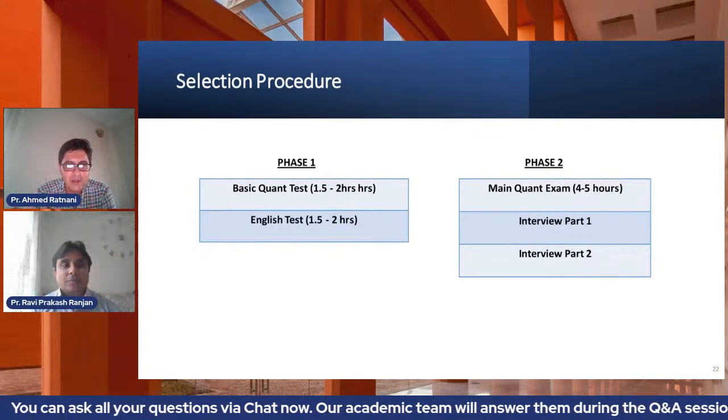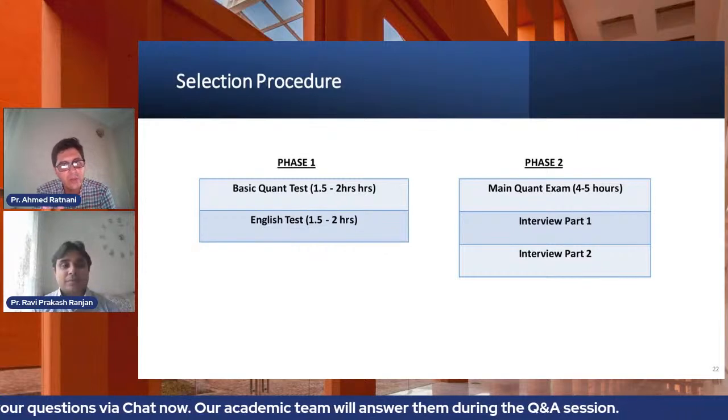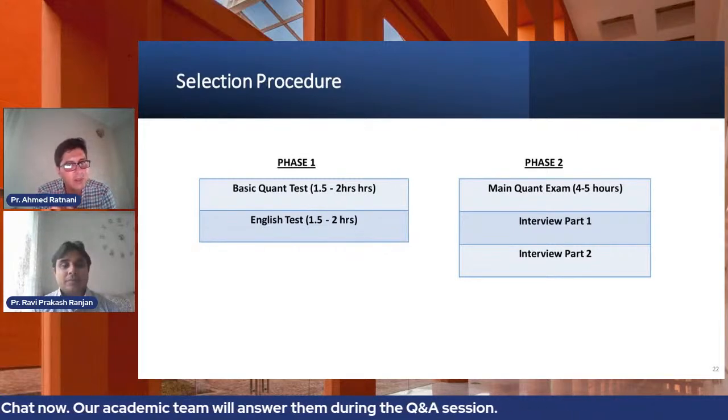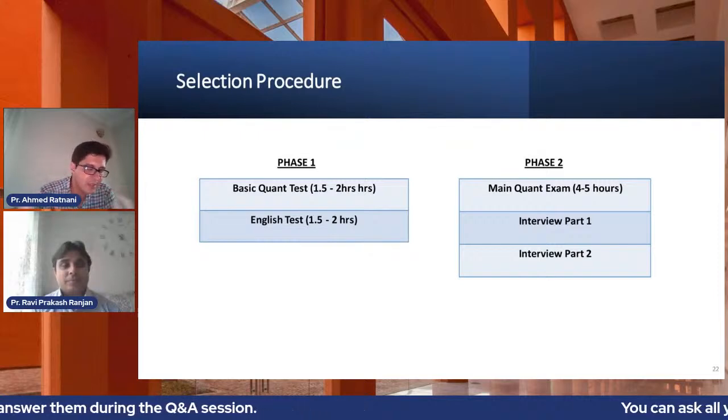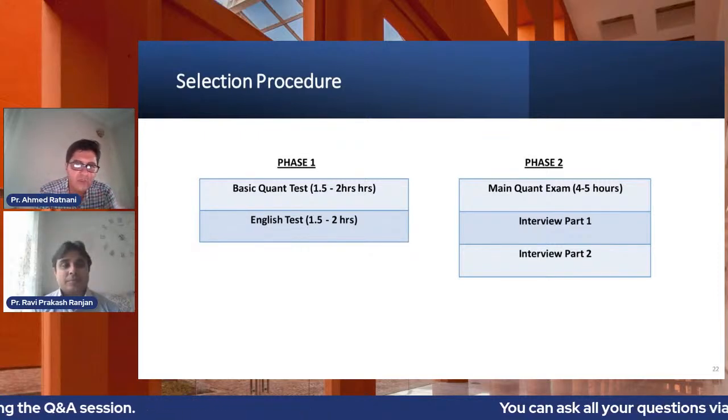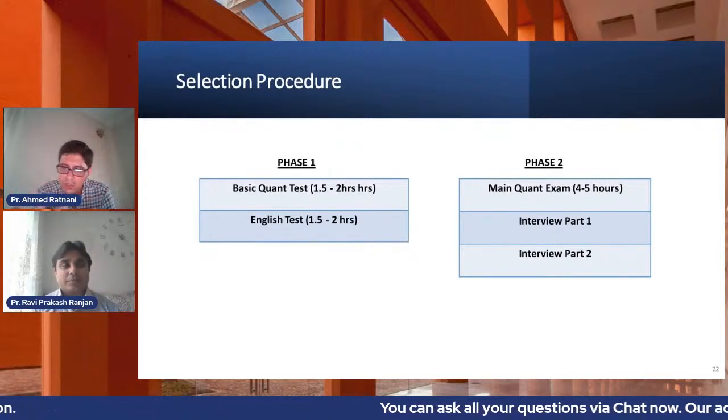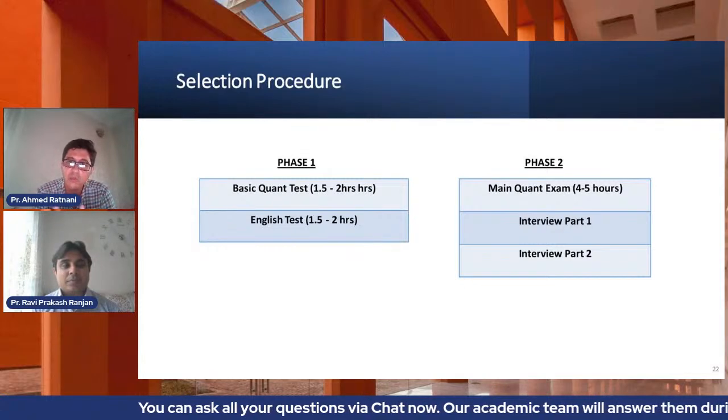Then comes the interview, and the interview is divided into two parts. The first part is a more technical interview where we'll be asking about what you did, your motivations, but also some questions depending on your profile for mathematics or computer science.